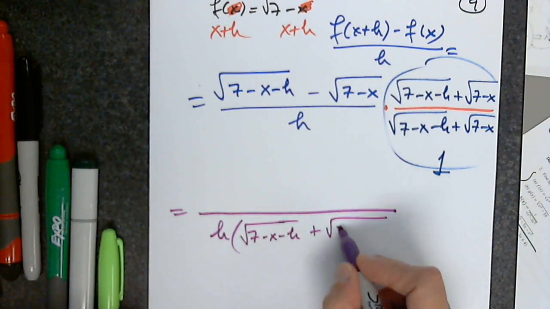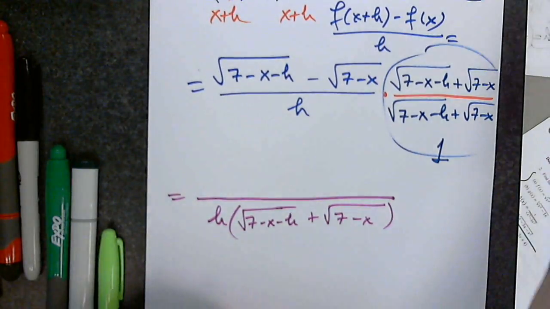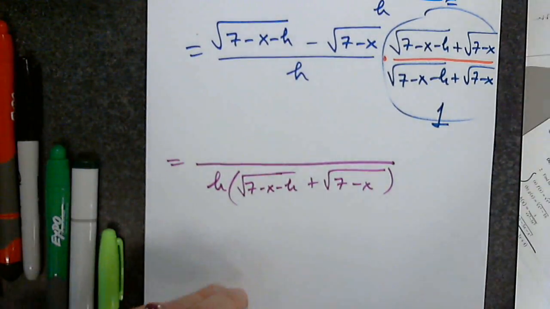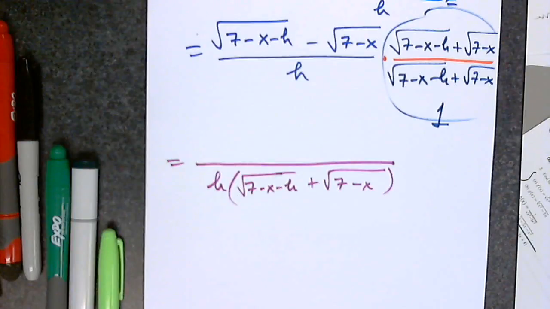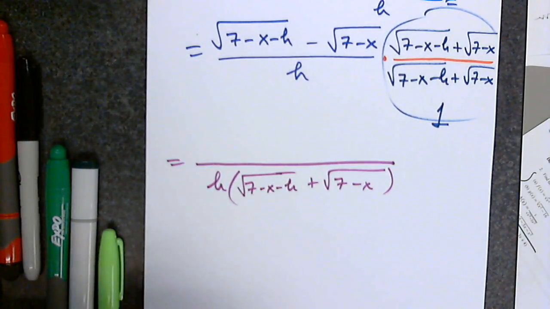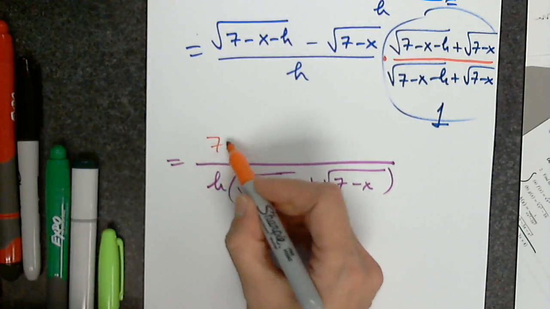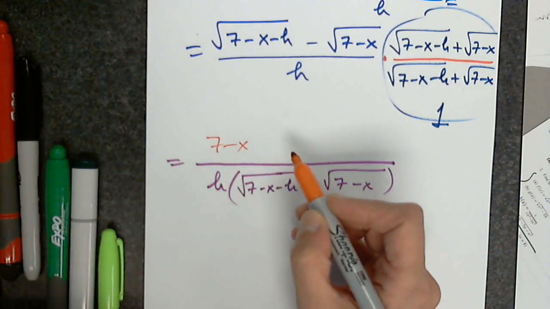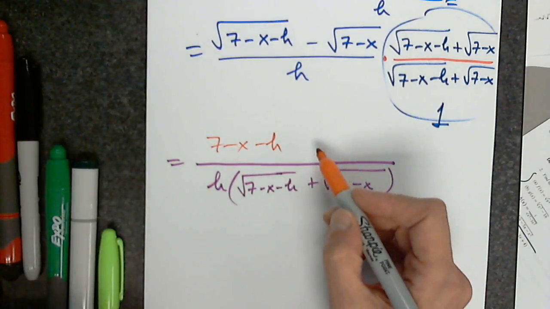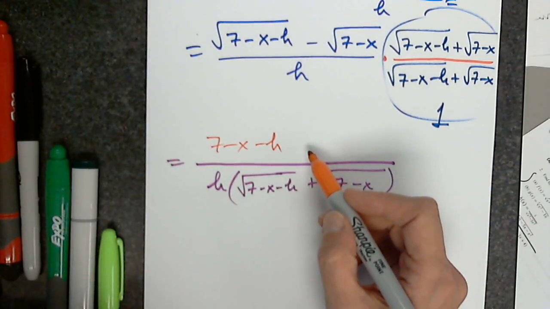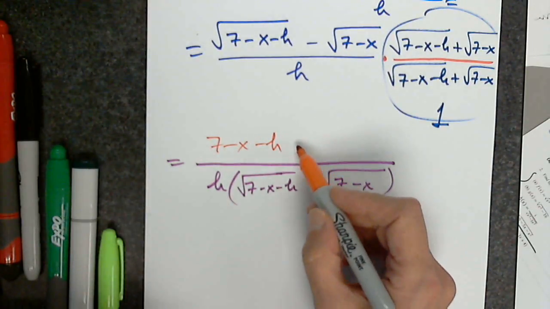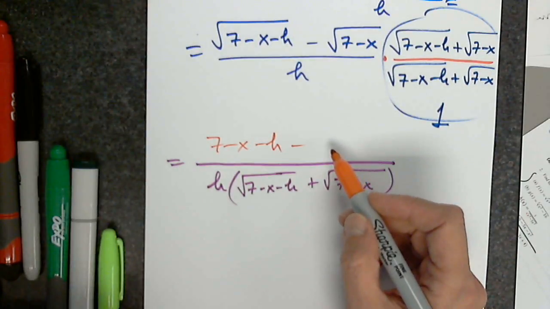So tell me what to write at the top. I copy the denominator. So the square root is 7 minus. So what do I write? So minus x minus h, minus.